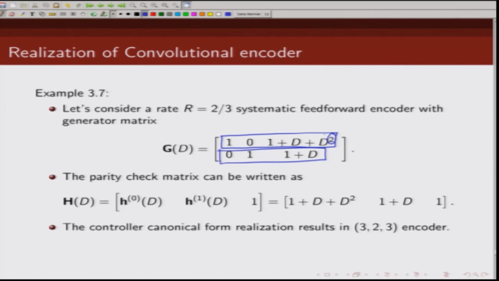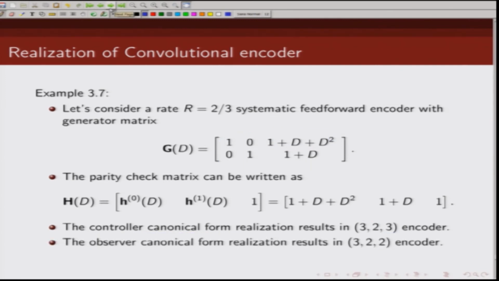So, in total we will require 3 memory elements. So, for the controller canonical realization of this rate 2/3 code, this is my n, this is k, and this is the memory order. We basically require 3 memory elements to represent this convolutional encoder in the controller canonical form realization.